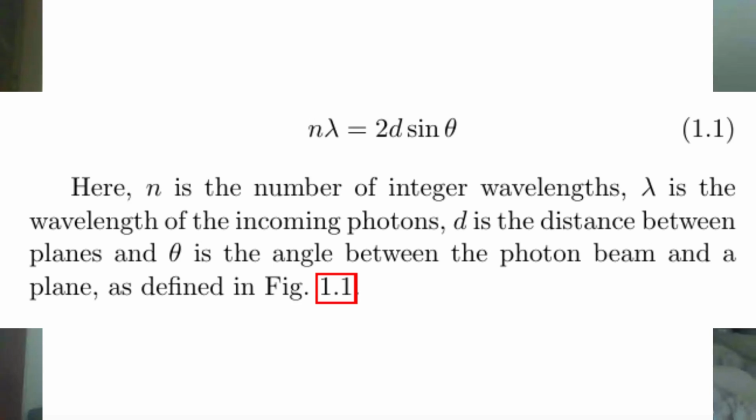As you see here, you have an equation which says that the number of wavelengths of the photon should be equal to the distance between the layers multiplied by the angle of incidence. Since atoms are usually of a size between 10 to the minus 11 and 10 to the minus 10 meters, all atoms are about the same size.